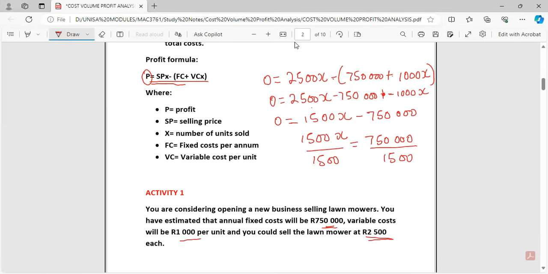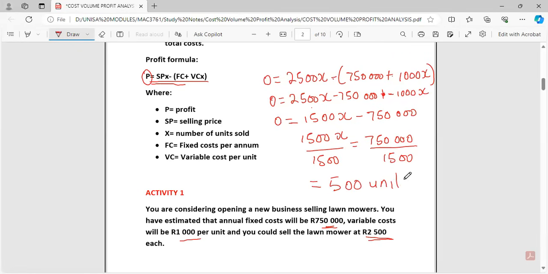So that is going to be our break-even units. So how much are we going to have when we are using the profit formula? We're going to have 750,000 divided by 1,500. So our break-even units is going to be, for us to break even, we should make 500 units.